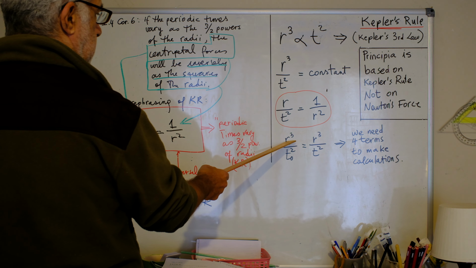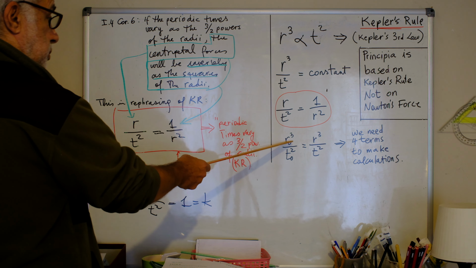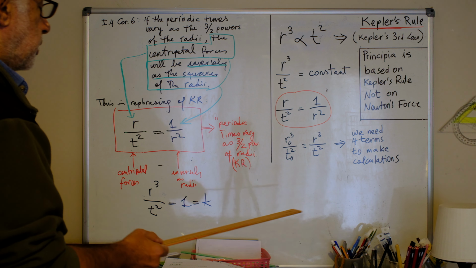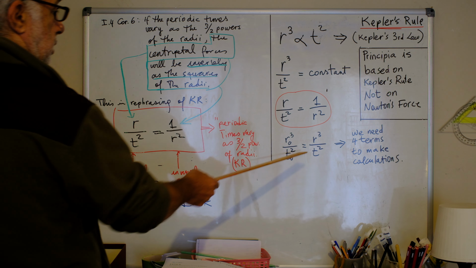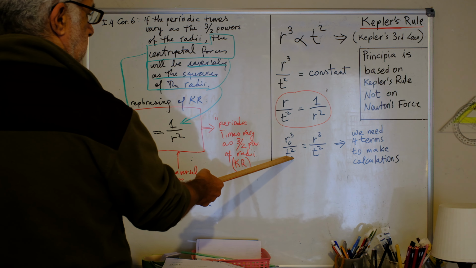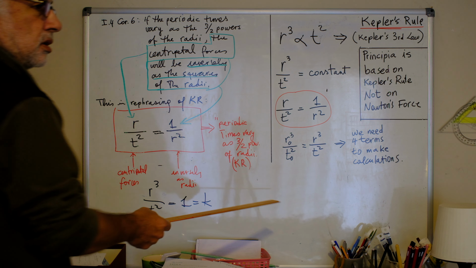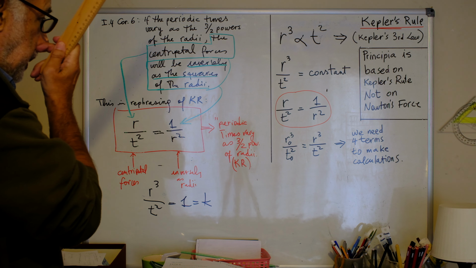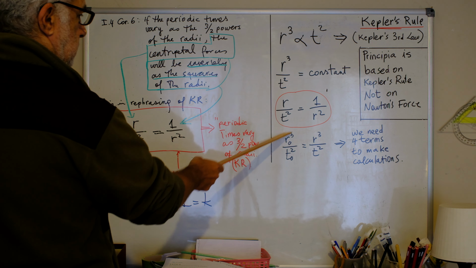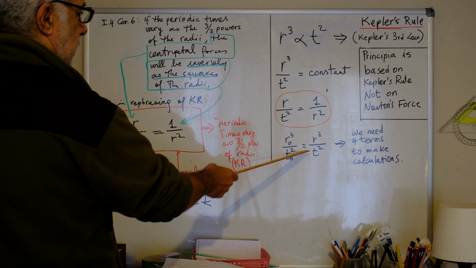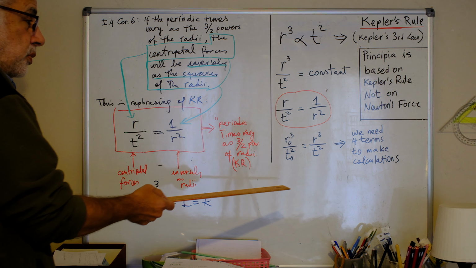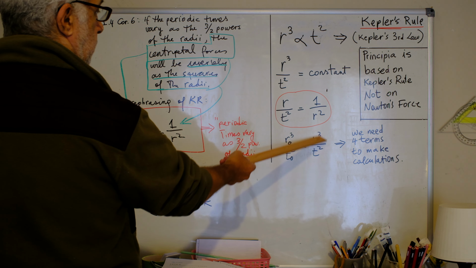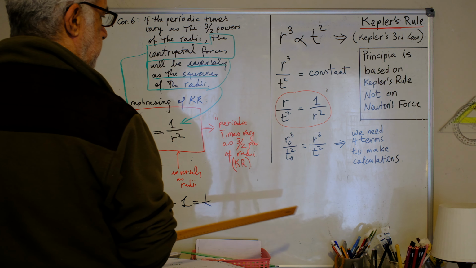For instance, r naught cube, where r naught may be the astronomical unit, the distance between Earth and the Sun, and t naught may be the Earth's period. So this is the constant term, and then we can compute the radius or the period of any other planet.